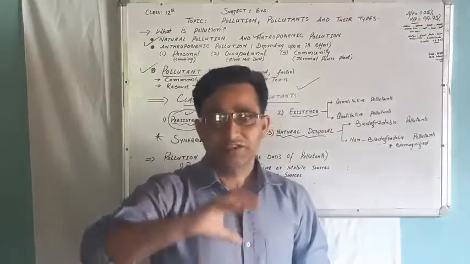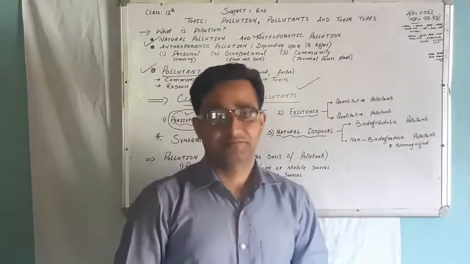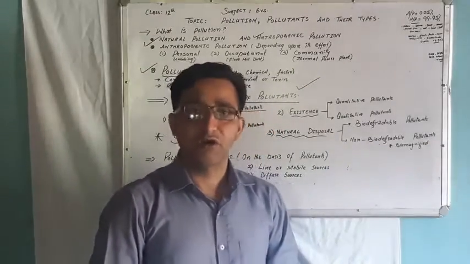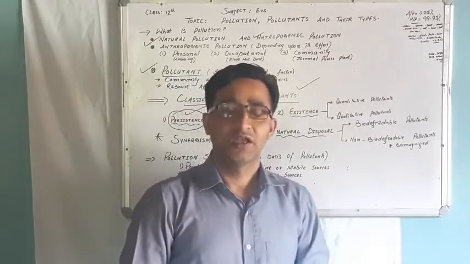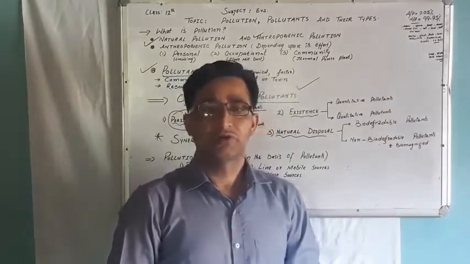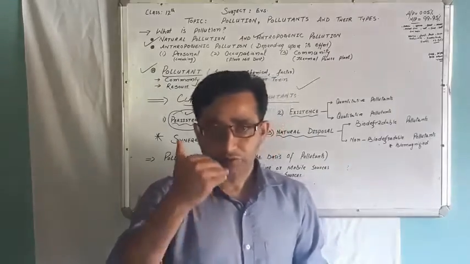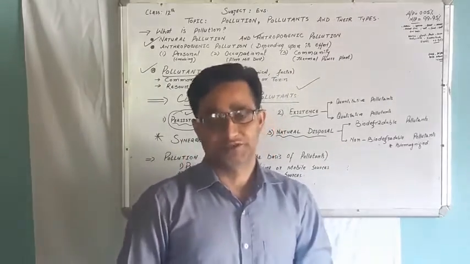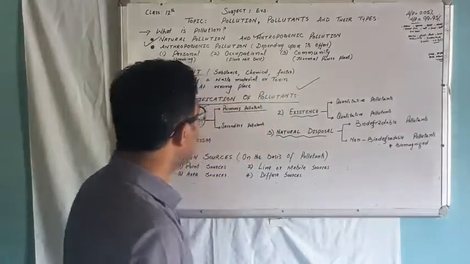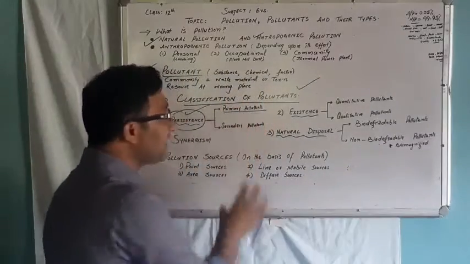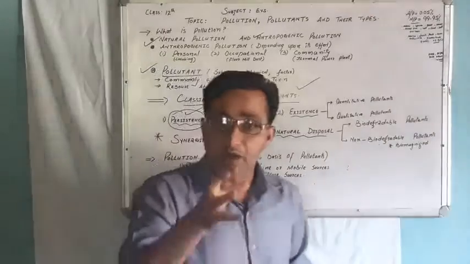Like इसमें आप देखेंगे प्लास्टिक, DDT, you know it is an insecticide, डाइक्लोरो डाइफिनाइल ट्राइक्लोरोइथेन. तो ये कौन से पोल्यूटेंट्स होते हैं? प्राइमरी पोल्यूटेंट्स.